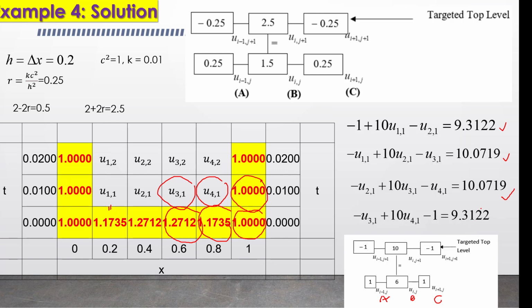So you get 9.3122. Later on, to get the system of linear equations, make sure that in the last equation, the minus 1 is brought to the other side, becoming 10.3122. In the first equation also, the negative 1 is brought to the right-hand side, giving 10.3122.